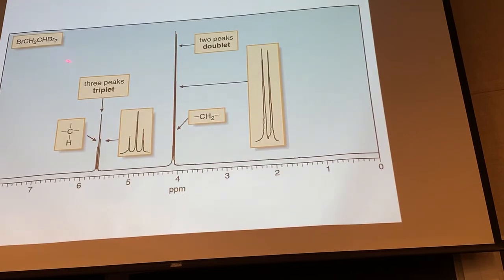The CH is splitting the CH2 back into a doublet. And so what that tells us is that the J values for these peaks will be identical. Okay, so we could measure those J values, and in a more complicated molecule, we could see which signals are splitting each other, which hydrogens were adjacent to each other. Okay?